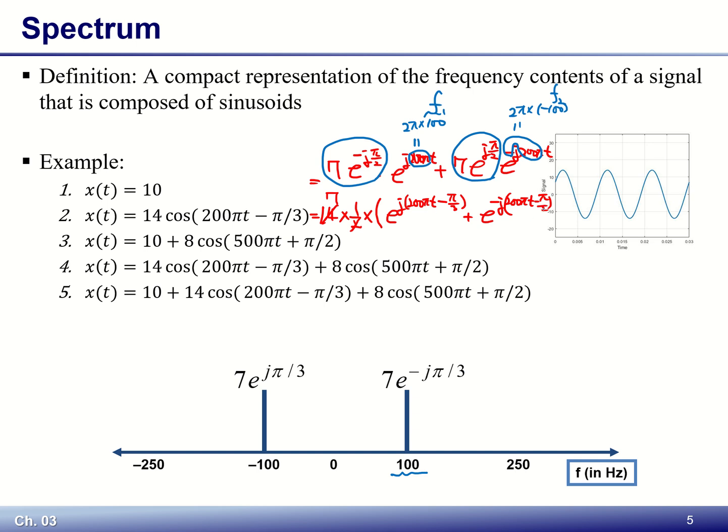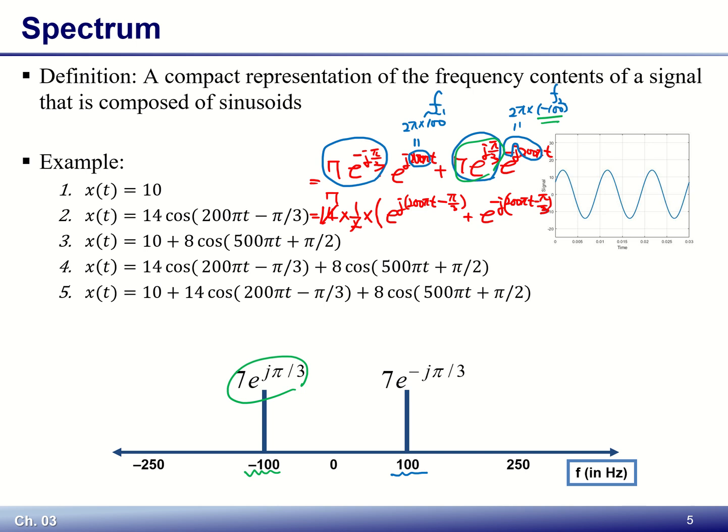Oops, that is my typo. In the case of minus 100, it has this amount of component.